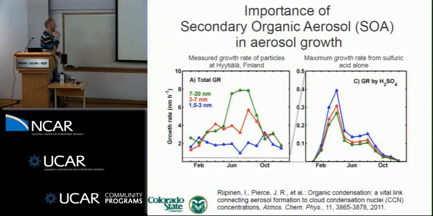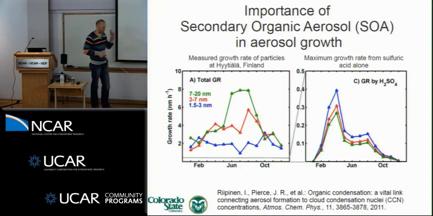So to motivate this and discuss how important secondary organic aerosol can be to the growth of small particles in the atmosphere, this shows measurements from 1 year at a station in Finland called Hyytiälä. This is the measured growth rate of particles that have recently nucleated. So these are particles that nucleated and then are growing through condensation of sulfuric acid and organics.